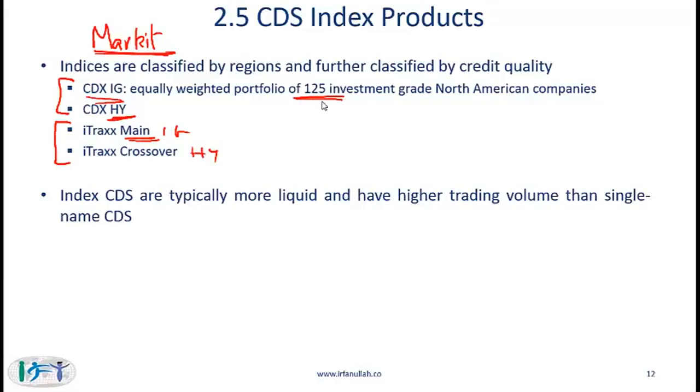So if an investor buys protection with 250 million worth of notional principal, then the protection associated with each company is 2 million, which would be 250 divided by 125. Index CDS have become quite popular. They are typically more liquid and therefore have a higher trading volume than single name CDS.